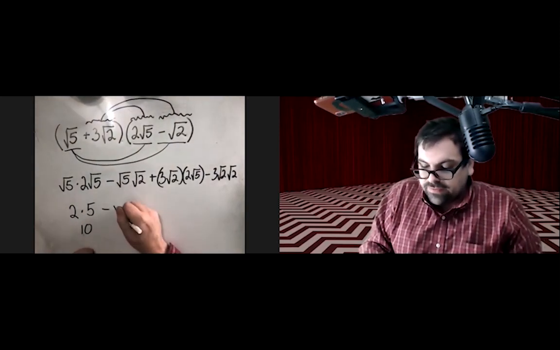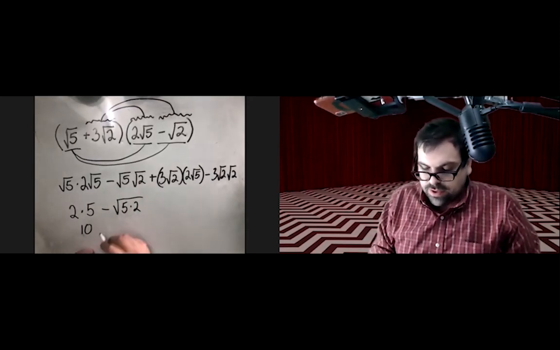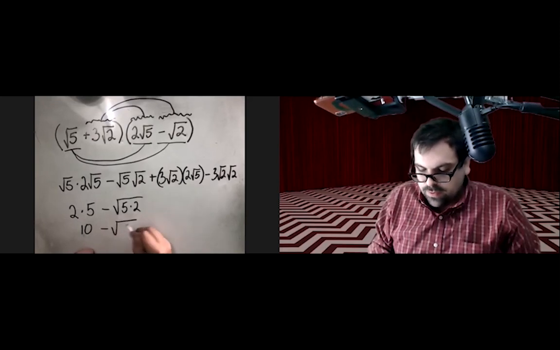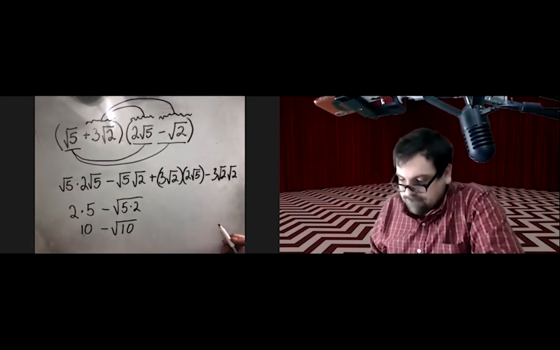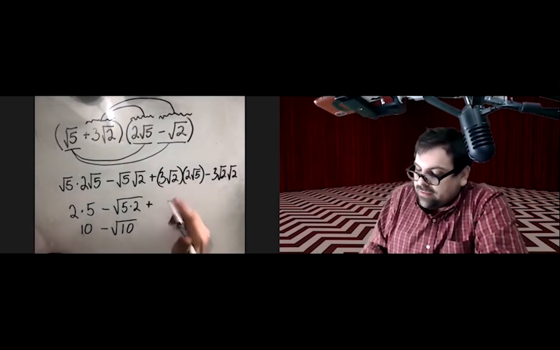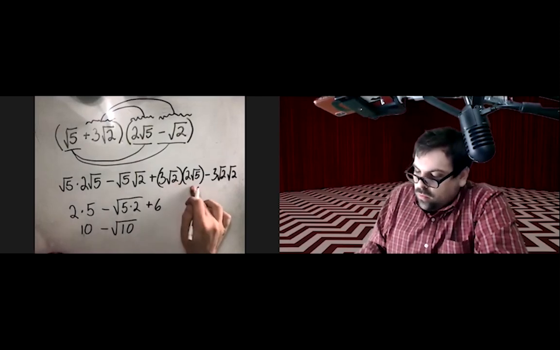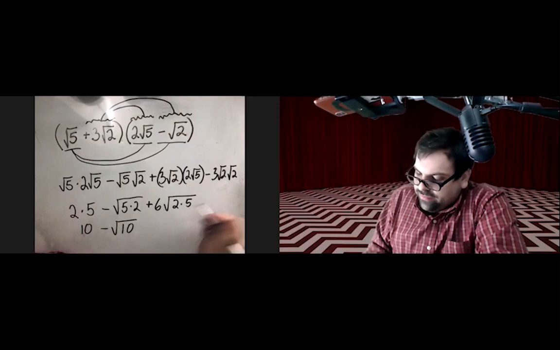Minus radical 5 times radical 2 would be radical 5 times 2, which would be radical 10. And we can't simplify radical 10 at all. Plus 3 times 2 is 6. Radical 2 times radical 5 would be radical 2 times 5.